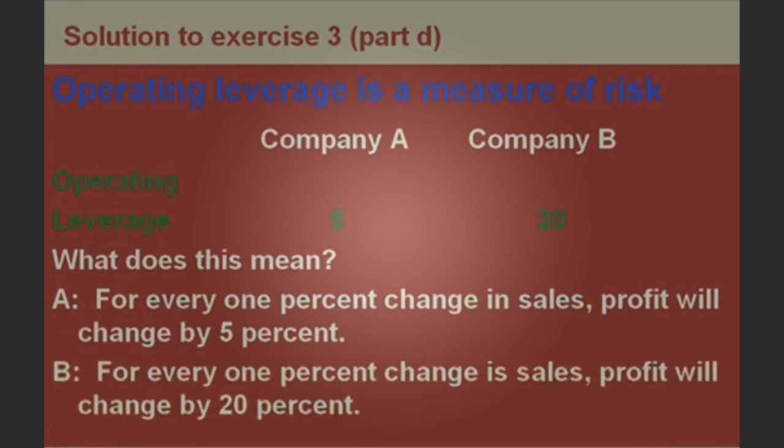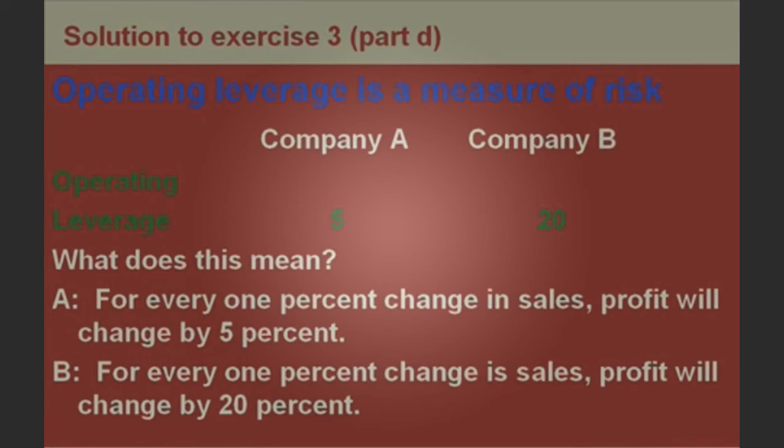For B, for every 1% change in sales, profit will change by 20%. So, if sales go up 1%, the profit increases 20%. That's a good side. The bad side is if sales drop 1%, the bottom line profit drops 20%.